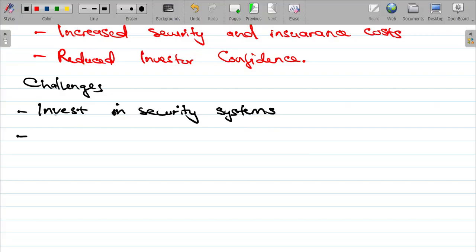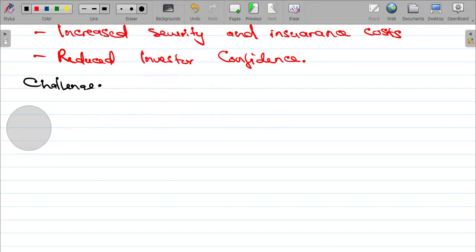Another problem is, these are the decisions that the business has to consider. So challenges include the business has to maintain trust with the employees and the stakeholders.